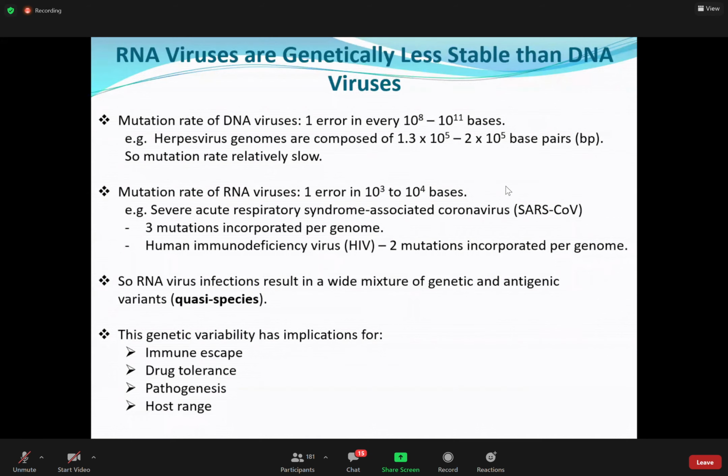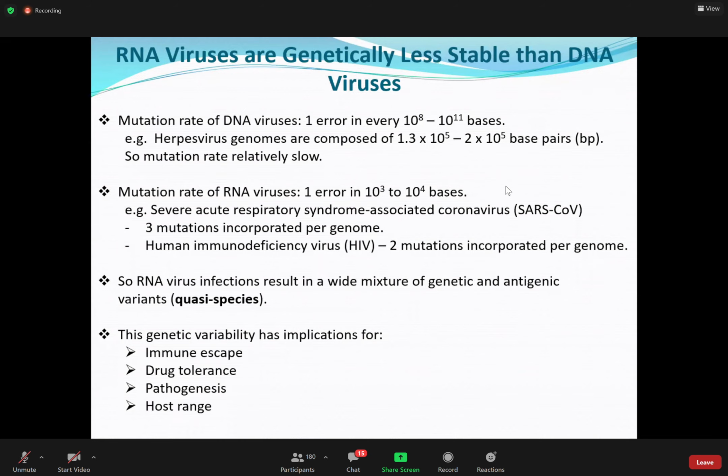With each replication cycle of new progeny viruses you accumulate more and more mutations, such that after 10, 50, 100 generations, there are so many mutations in these new viruses that they are quite different. Let's say there's a 20, 30% difference between the new progeny and the original parental strain which infected the cell.